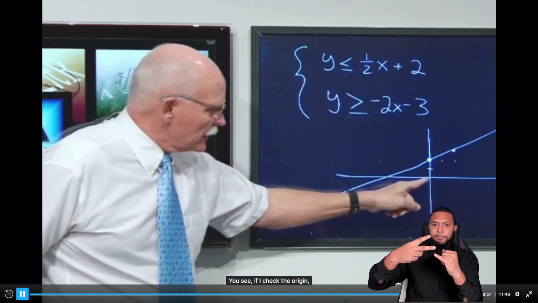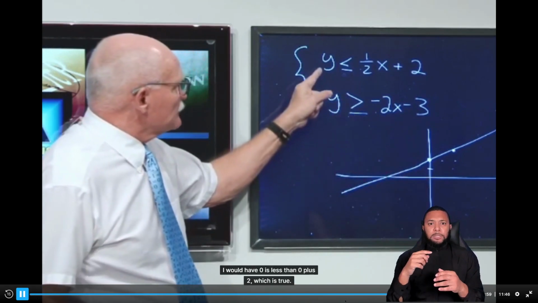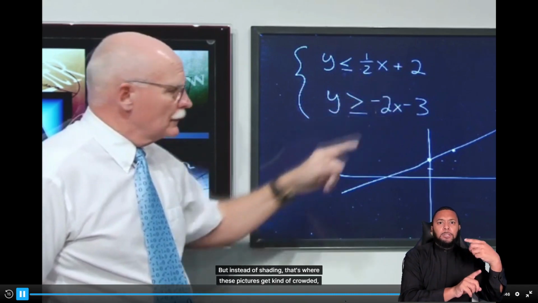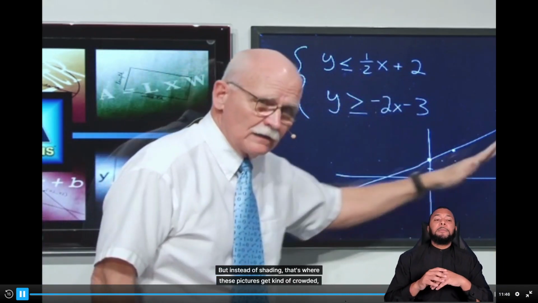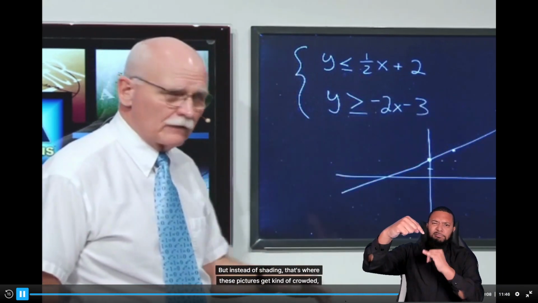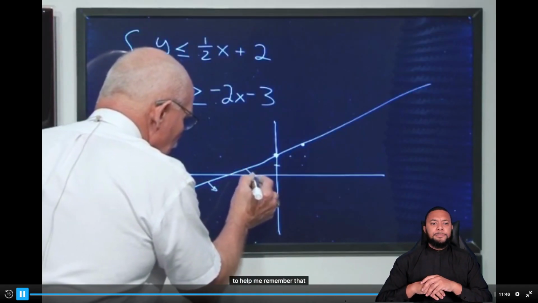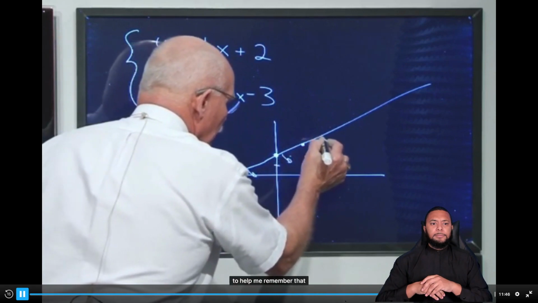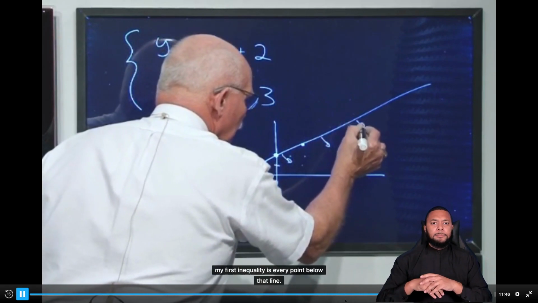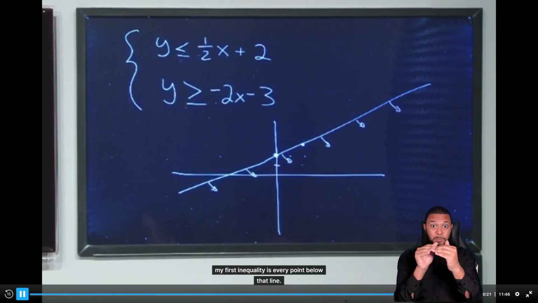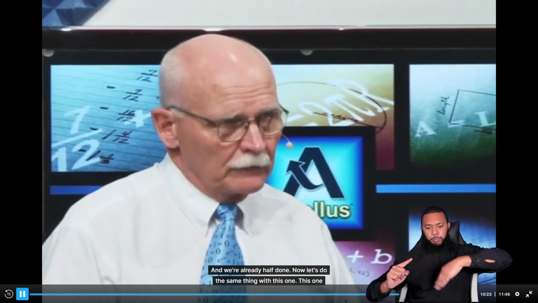You see, if I check the origin, I would have 0 is less than 0 plus 2, which is true. But instead of shading, that's where these pictures get kind of crowded. I'm just going to put some little arrows like this to help me remember that my first inequality is every point below that line. Okay? And we're already half done.